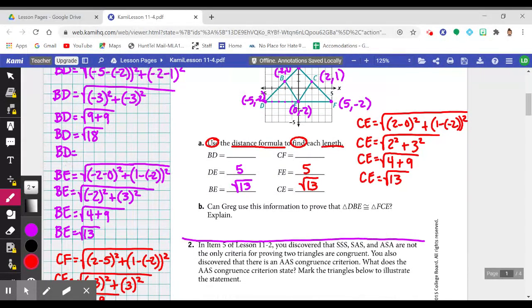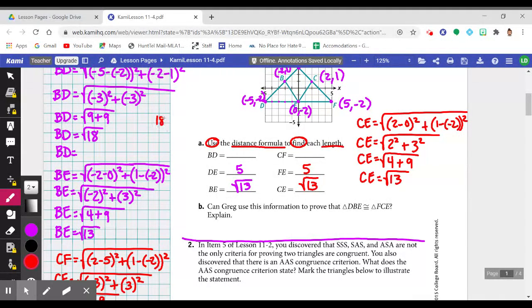You'll notice that I went ahead and wrote BD here again. What we're going to do is we're going to take the square root of 18 and simplify it. The way we're going to do that is we're going to write or find the largest perfect square factor of 18. 18 is what we call a non-perfect square. And so we are going to find the largest perfect square factor of 18.